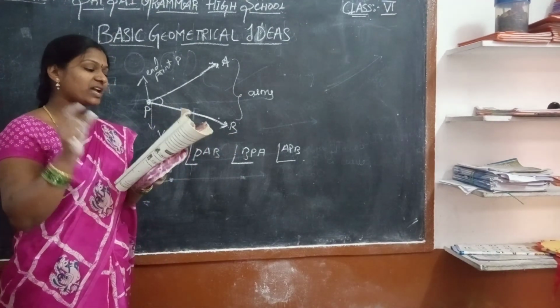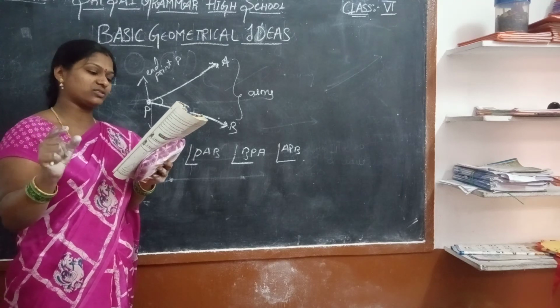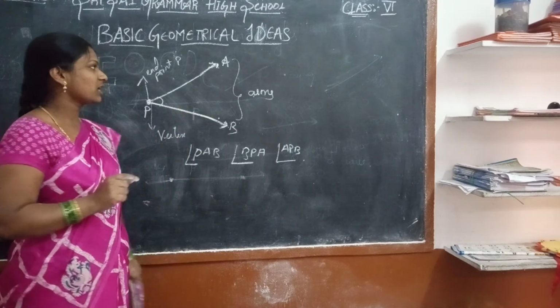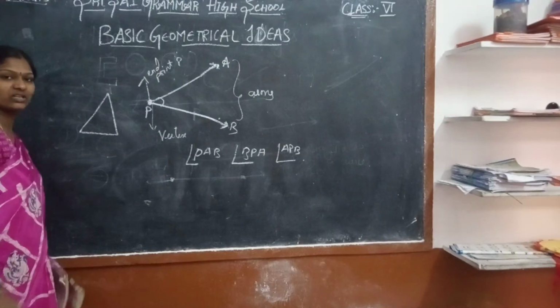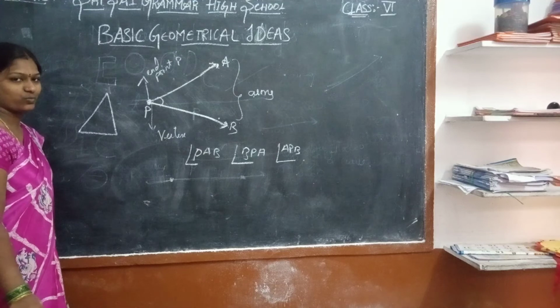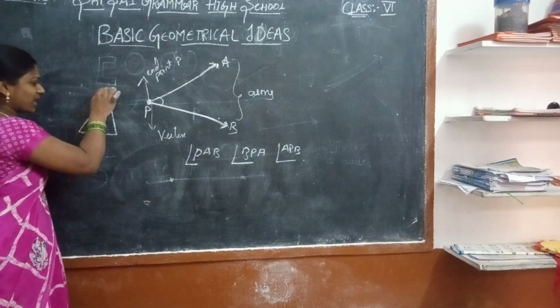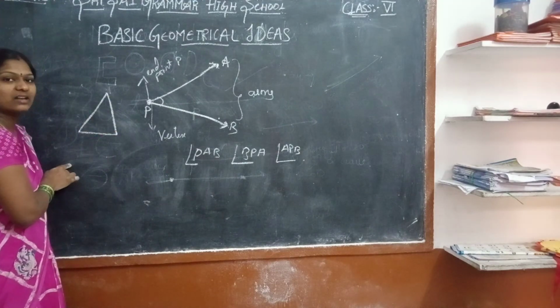Every angle divides a plane into the interior, the exterior and the boundary of the angle. See, for example, I am going to take one triangle. It is a triangle symbol.